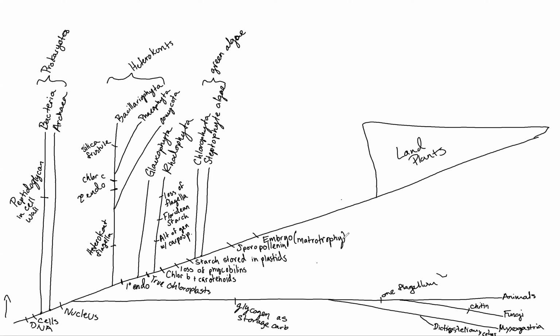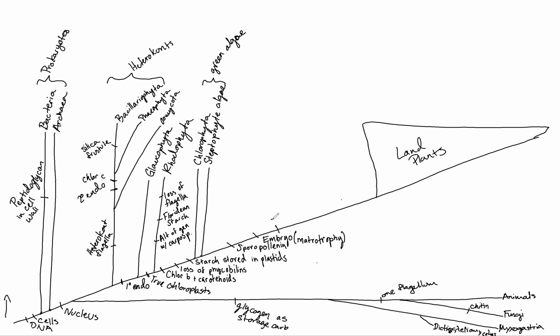So that matrotrophy and retention of our growing sporophyte is going to give it increased survival potential. So we are kind of nourishing and protecting our next generation. So we get sporopollenin to protect us from drying out, and then we get embryo, so matrotrophy. We protect and feed our growing sporophyte.